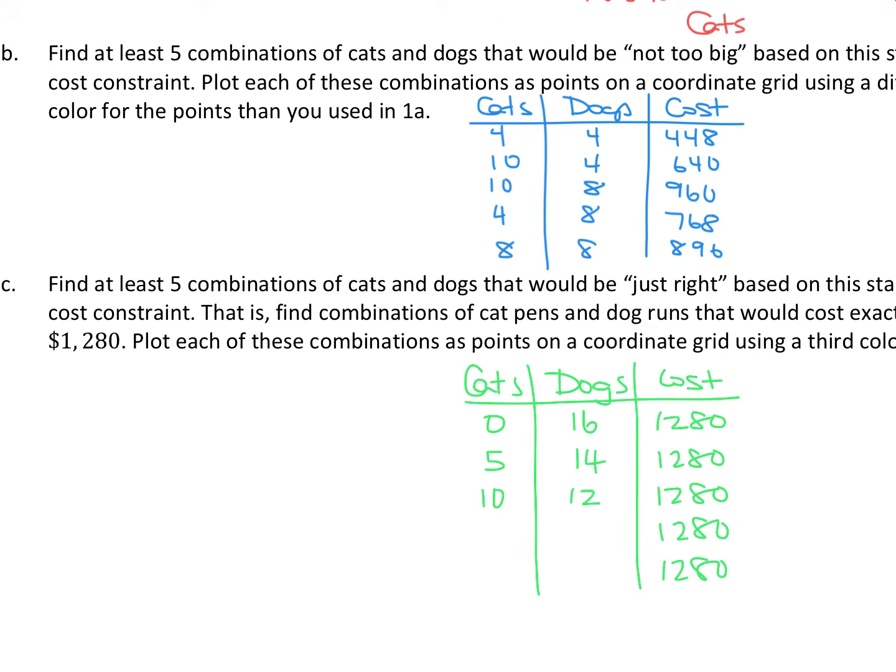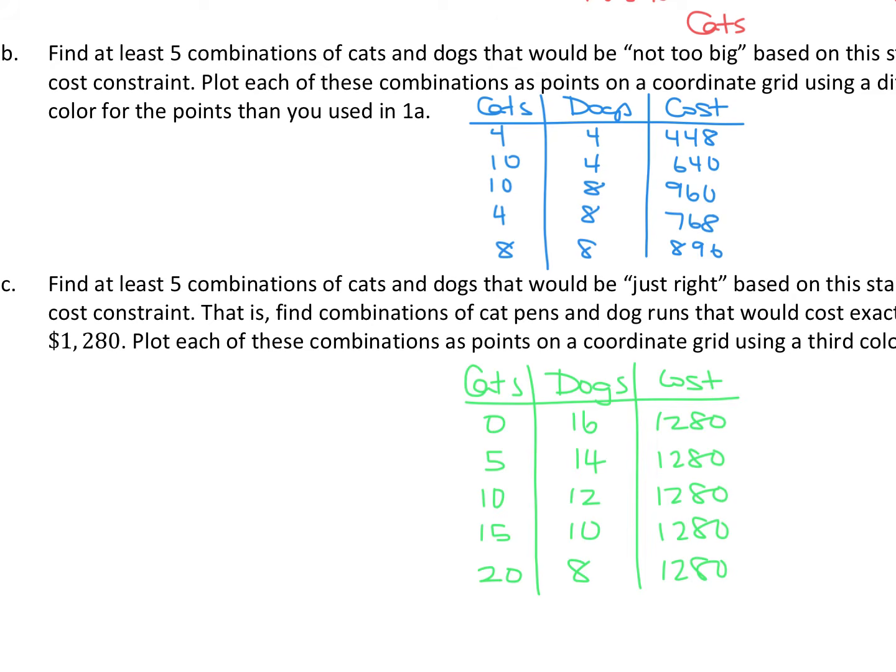If I did 15 cats, it's going to be 10 dogs. And if I do 20 cats, it's going to be 8 dogs. Hopefully you can kind of see a pattern going on here. Every time I add 5 cats, I lose 2 dogs. So that's actually really interesting. We'll talk about that more in number 3.